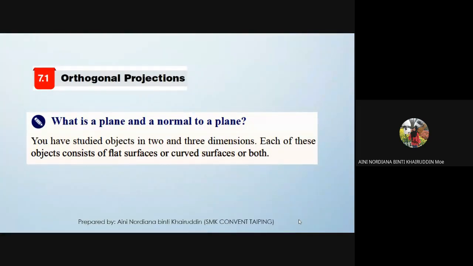You have studied objects in 2 and 3 dimensions in form 1, I think. Each of these objects consists of flat surfaces or curved surfaces or both. For example, here cylinder got 2 flat surfaces and 1 curved surface.